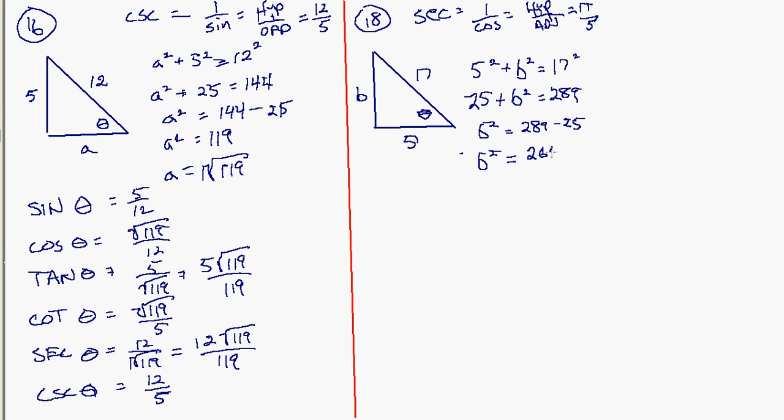Can we simplify that? Let's see. If I have 264 and I divide that by 2, I get 132. If I divide that by 2, I get 66.